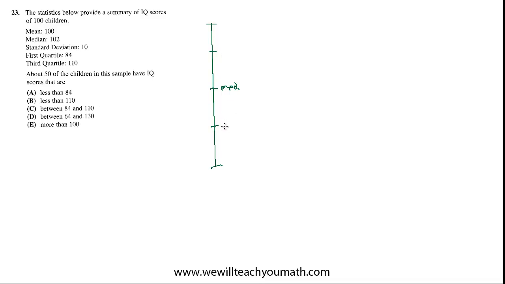The first quartile is defined as a point where 25% of the data is below that score. And the third quartile is a point where 75% of the data is below that point, or 25% is above.